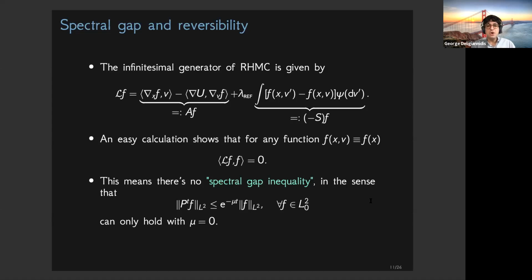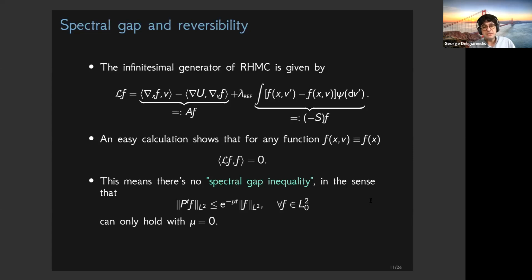So when you look at the Dirichlet form applied to the same function, it only depends on the symmetric part, which means that in this particular case, and in fact for any PDMP used in MCMC, any kinetic equation, if you look at functions that depend only on the location component, then the Dirichlet form becomes 0.